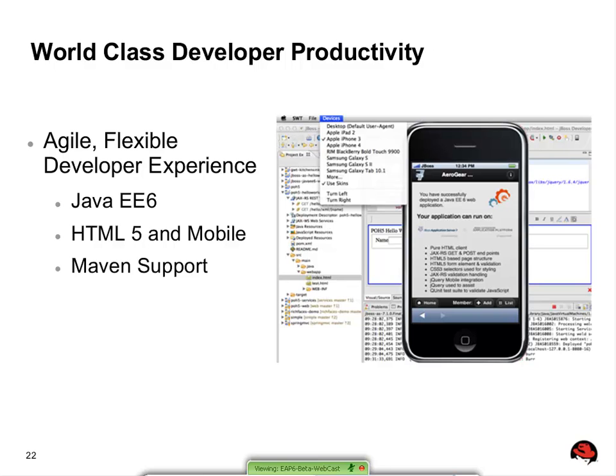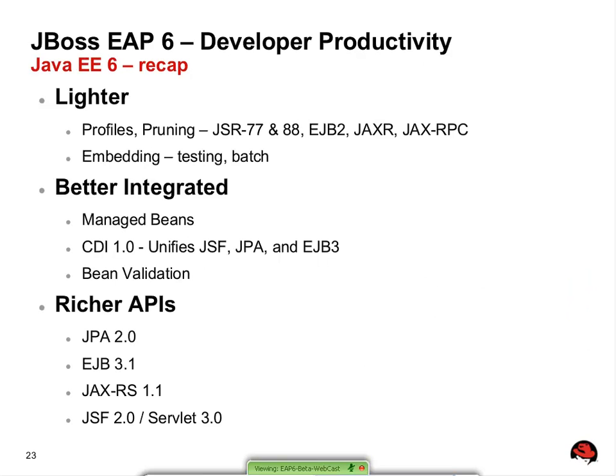We're adding support for mobile, HTML5, open web. We've had a big push around Maven. All of these things, test-driven automation with Arquillian, will provide a great developer experience and make developers more efficient and more productive, and lower time to market for new applications.